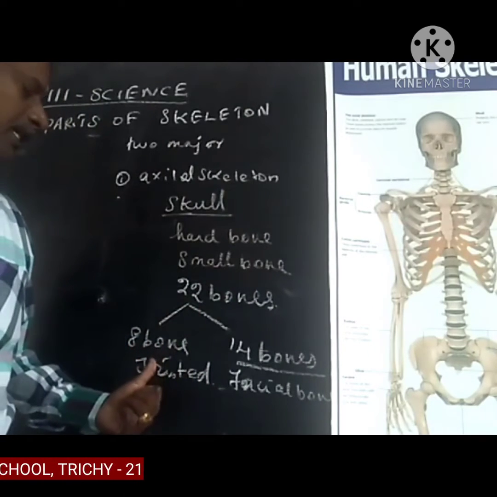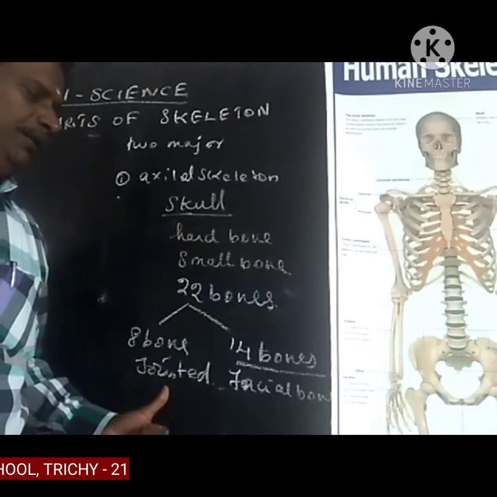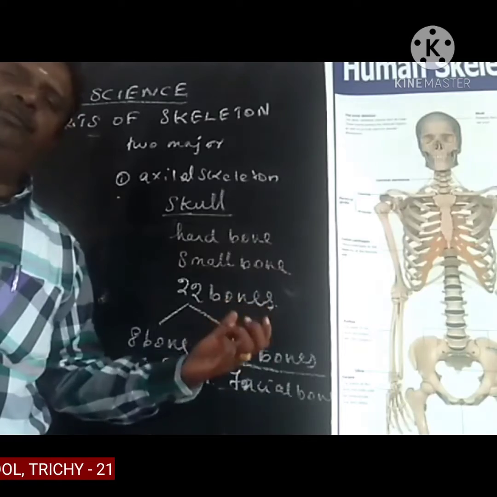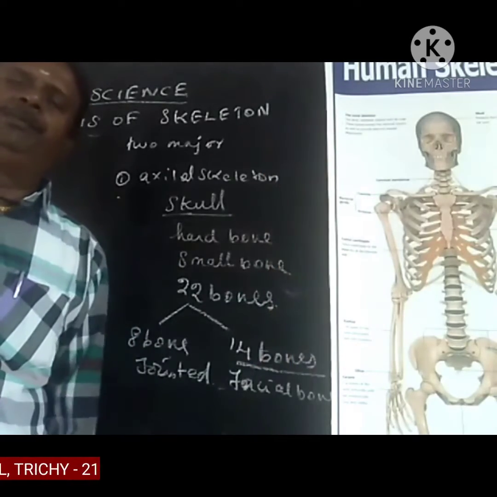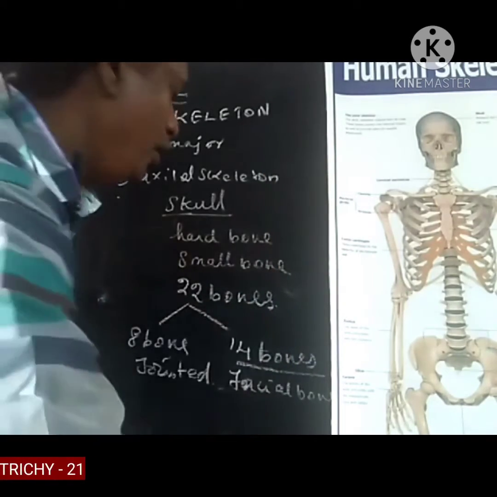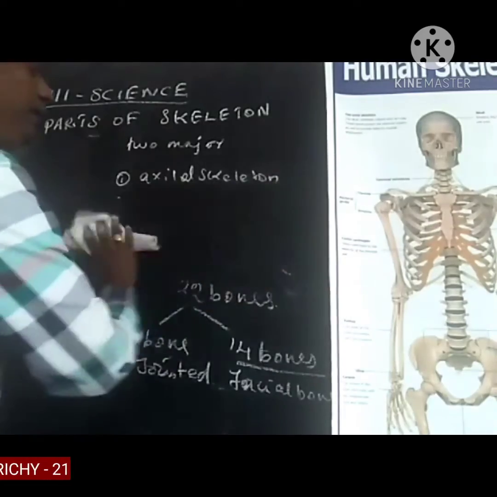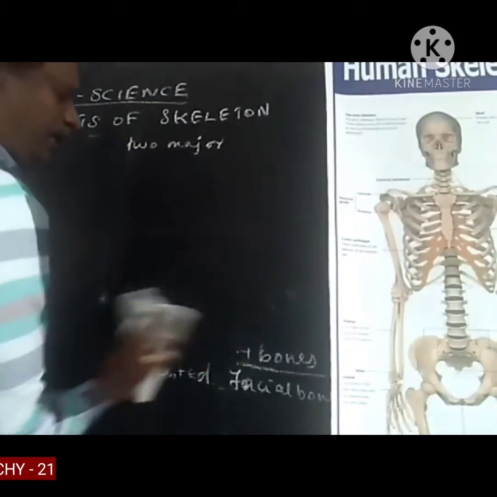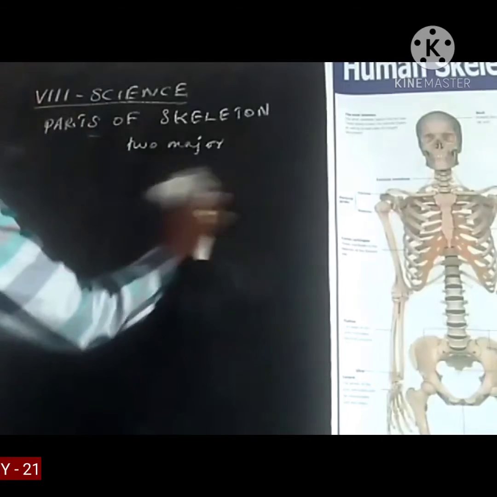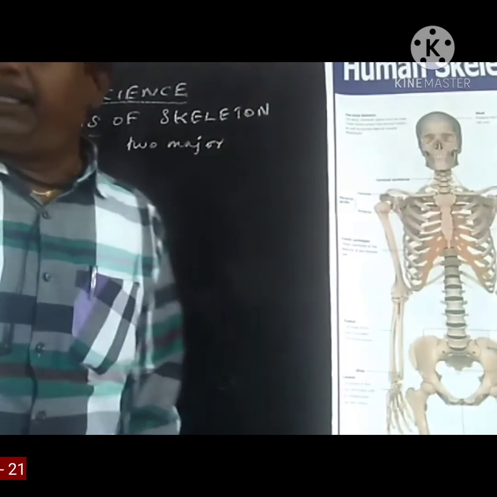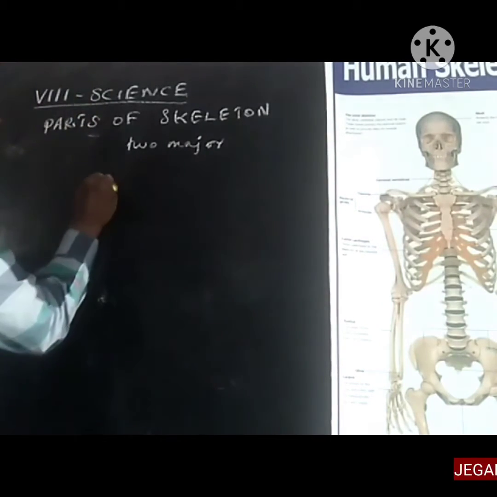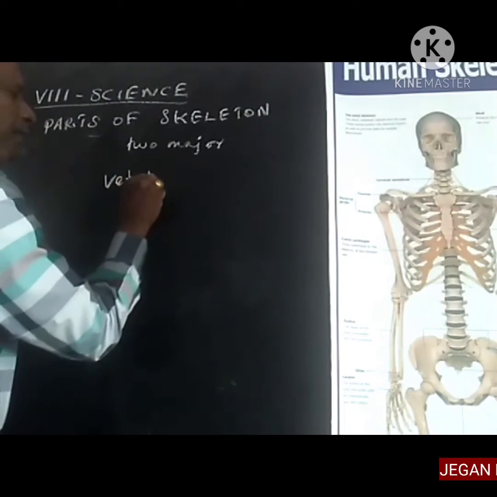So the skull has 22 bones. The 8 small bones are joined, 14 bones form the facial bones, and only one bone, the lower jaw, is movable. Then the next one is the vertebral column.